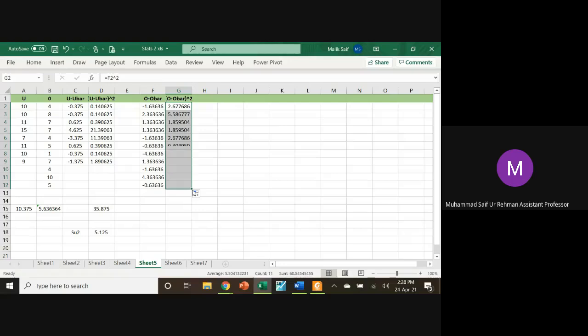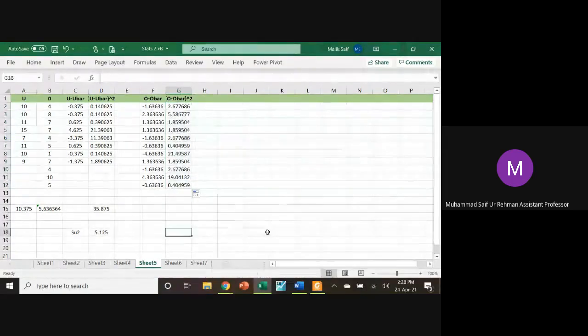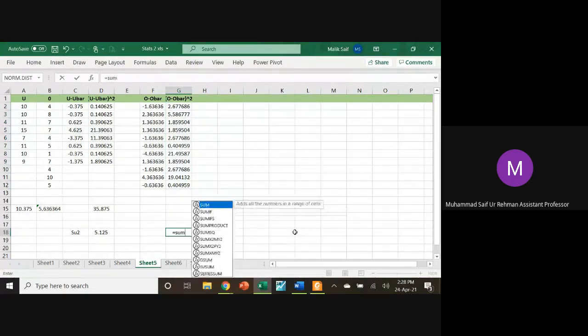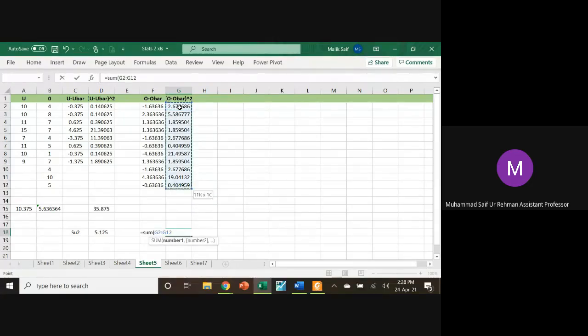Drag it down. This is the value. And now you have to take the sum of this series. So press equal sum, and the sum for these values. So what would be if we write down this sum over here?